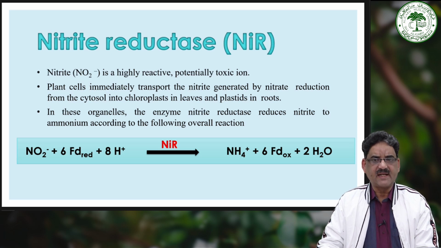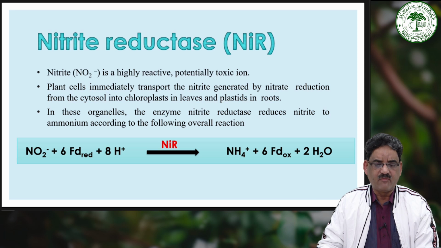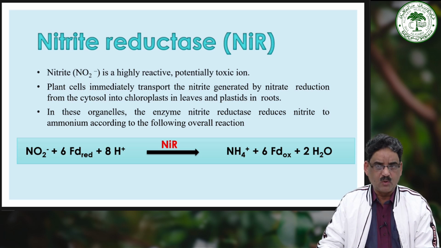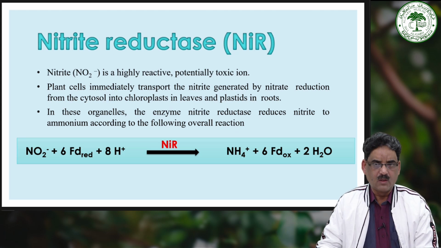Nitrite is a reactive and potentially harmful molecule within plant cells. Hence, immediate action is taken to transport it away from the cytosol. This transportation occurs into specialized organelles such as chloroplasts in leaves and plastids in roots.